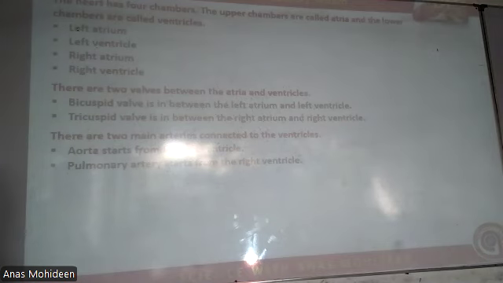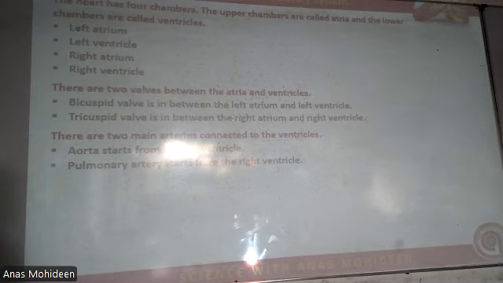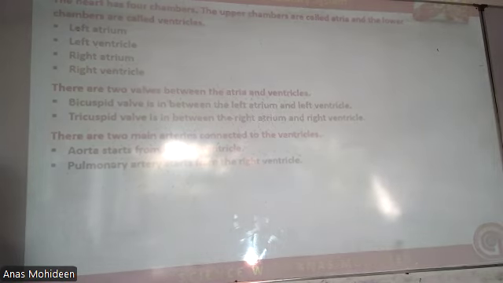Bicuspid valve is in between. Salman, where is your bicuspid valve? Write it down, please. Shamim, where's your right? I just asked you, where's your right?